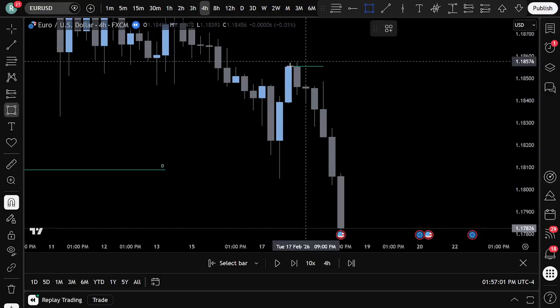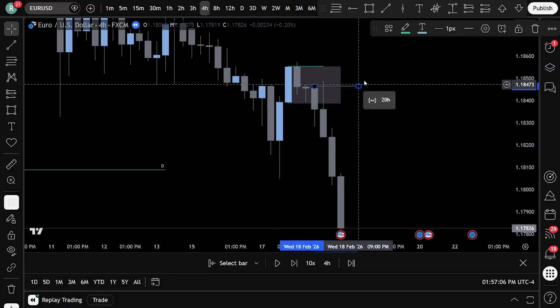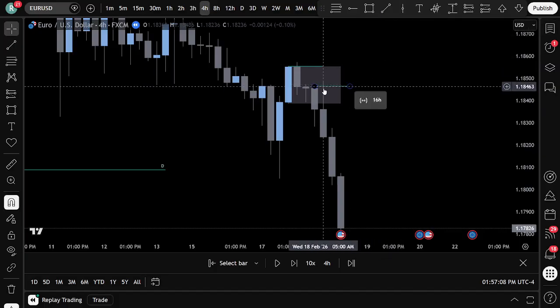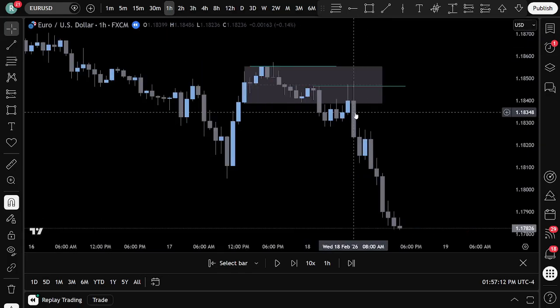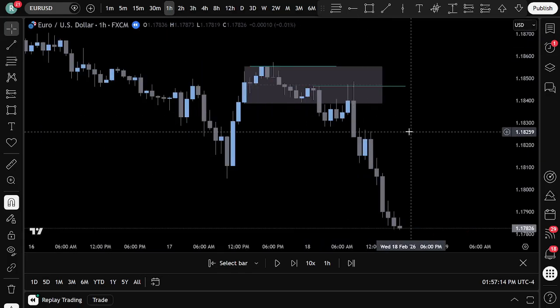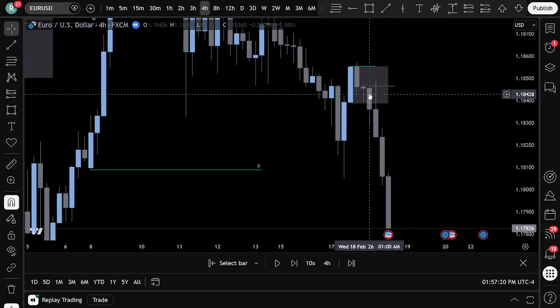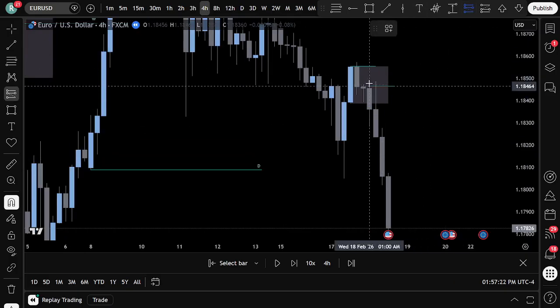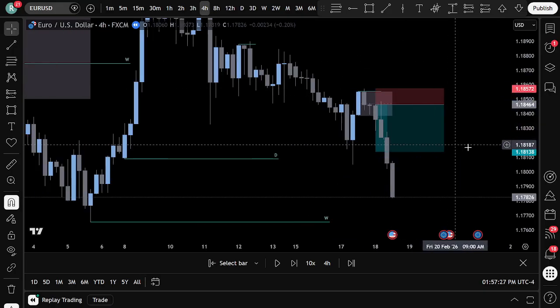Not my favorite, but nonetheless we close below, and then at the right time, what do? 8 a.m. into the key level, taking out a 4 hour range high. See what I'm saying?